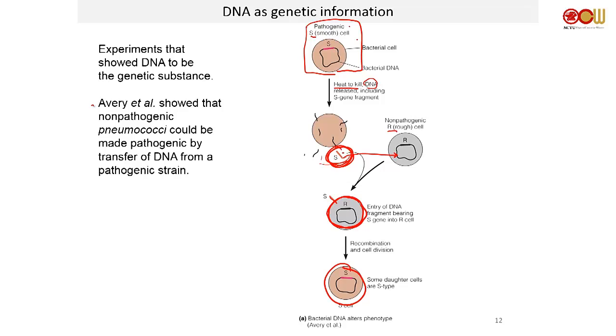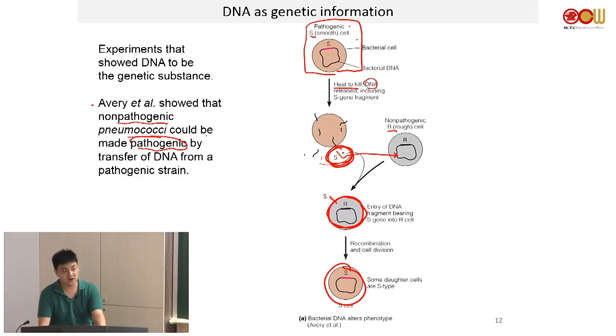So the conclusion is that Avery et al. showed that a non-pathogenic bacteria could be made into a pathogenic strain by the transfer of DNA from the pathogenic strain. So these are the two really famous experiments that said DNA was the one that carries genetic information rather than proteins.